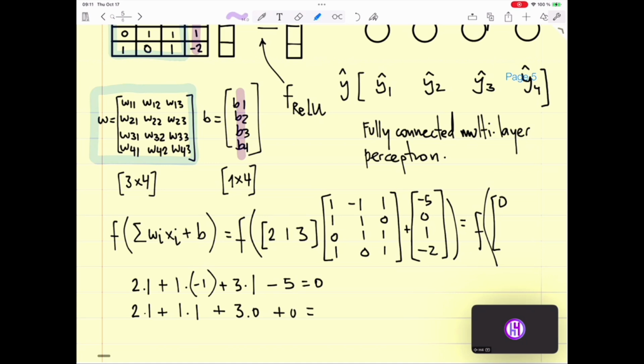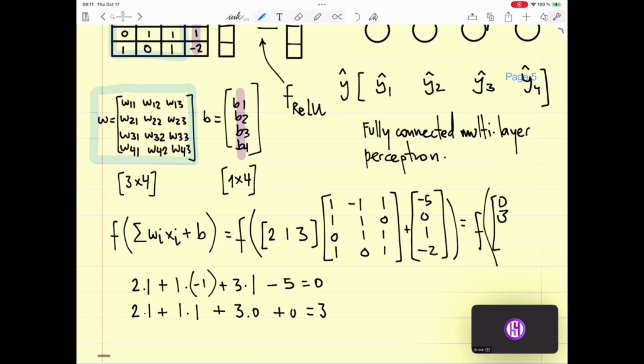Okay, so it's 2 times 1, 1 times 1, 3 times 0 plus 0. This equals 3.